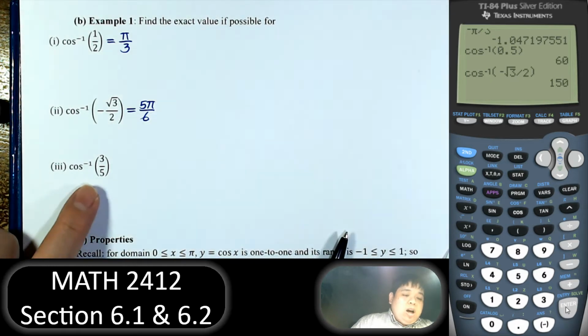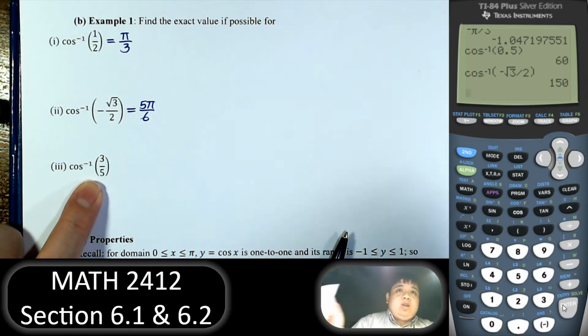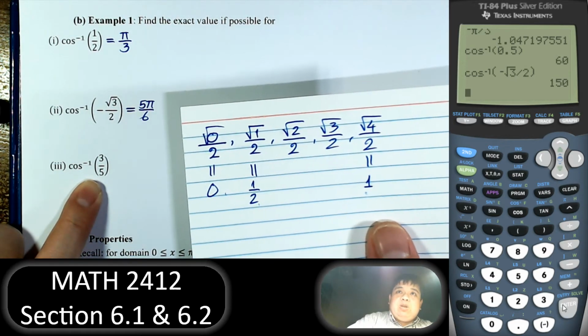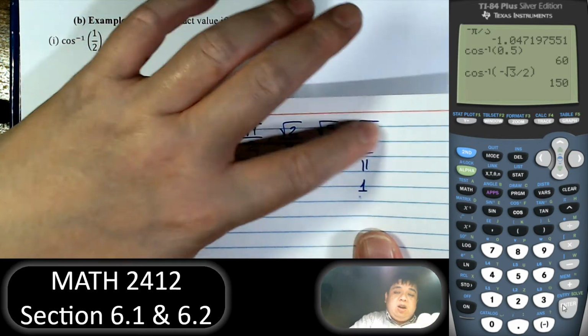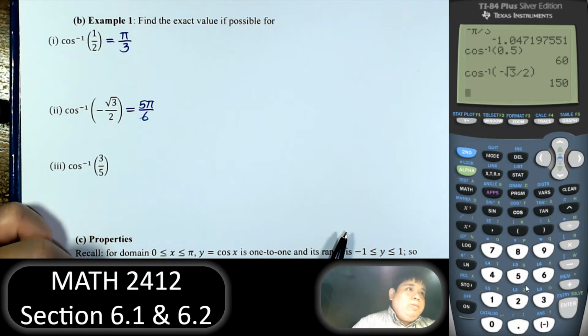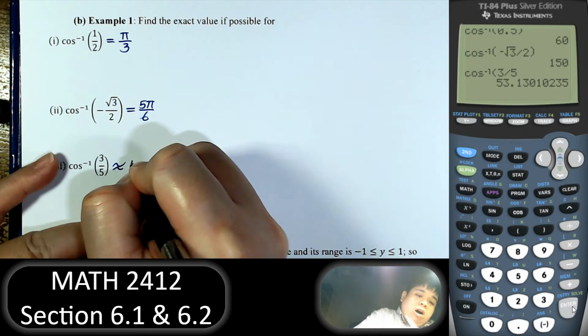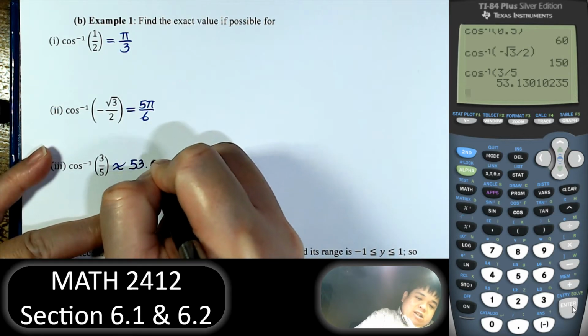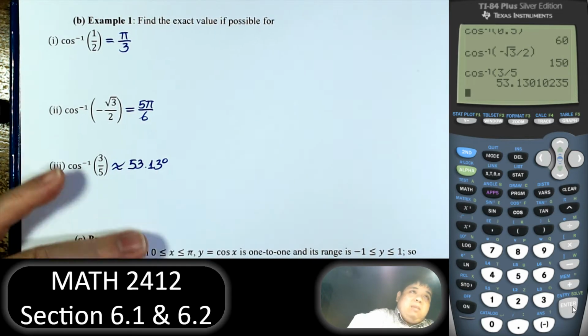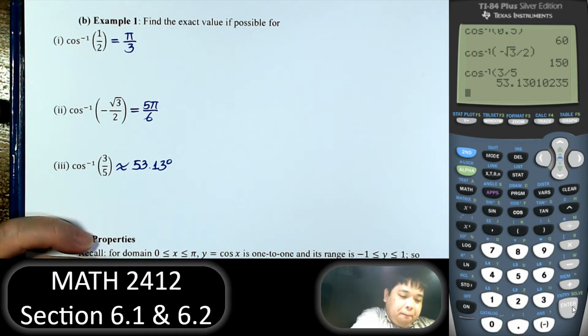And if we have cosine inverse of 3 over 5, those are not special values. 3/5 is not one of those special values, so just get an estimate. Cosine inverse of 3/5. Make sure that we know what mode we are on. If it is degree mode, then it is about 53.13 degrees.